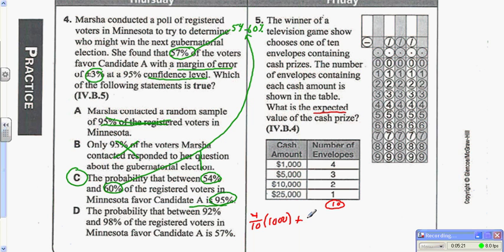Then we're going to add on 3 out of 10 times 5,000, and then 2 out of 10. Then the probability of 10,000, well, there's 2 out of 10 times its prize, and then 1 out of 10 has the grand prize.